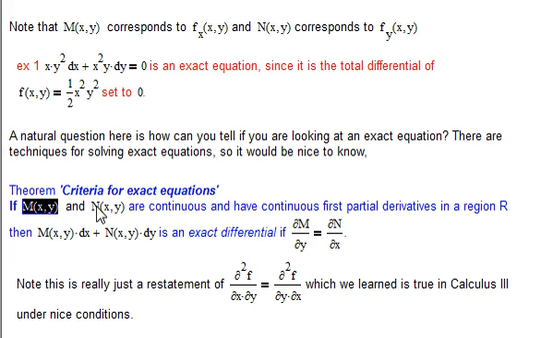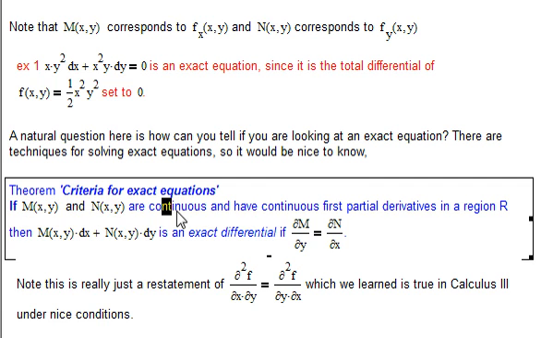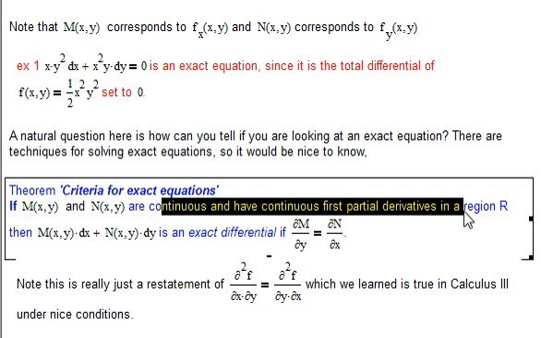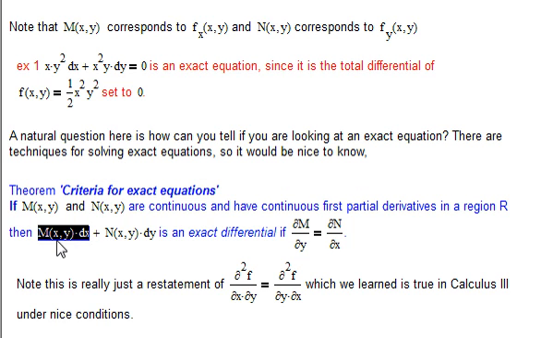If m and n are continuous and have continuous first partial derivatives, from now on I might just say if m and n behave nicely in some region R, then m of xy dx plus n of xy dy is an exact differential, set it equal to 0, this is an exact differential equation, if the partial of m with respect to y equals the partial of n with respect to x.